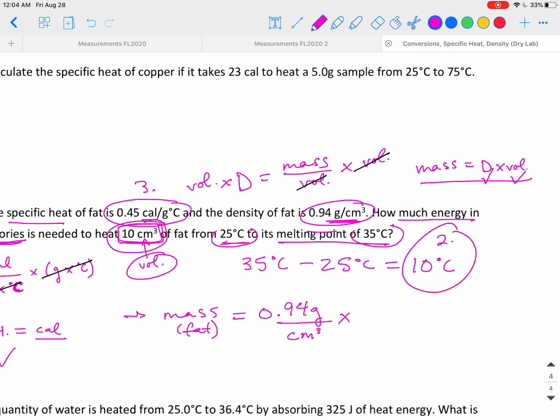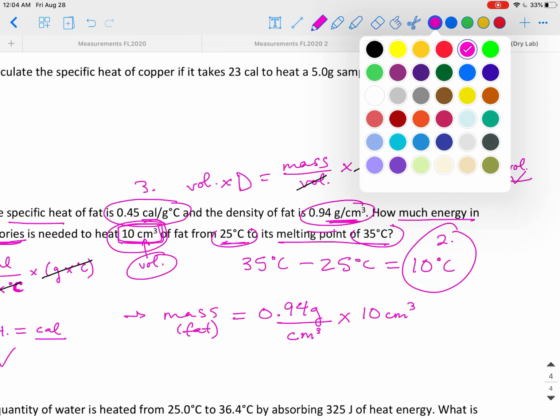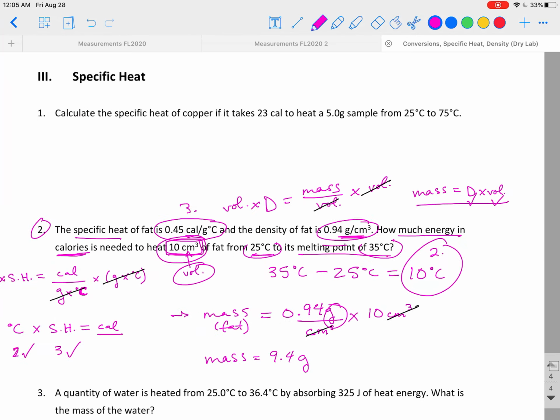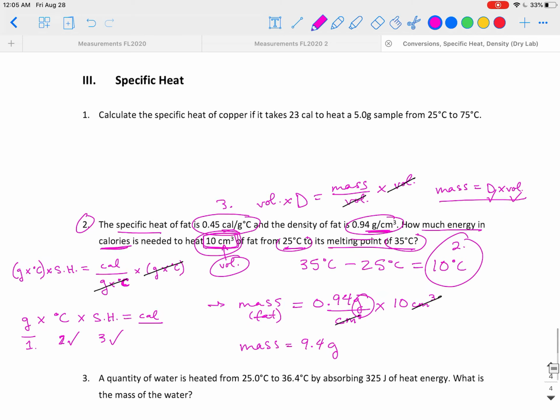So I'm going to multiply that by 10 cubic centimeters. Notice that we have cubic centimeters on bottom with the density and on top with the volume, and those cancel out. So now we just do 0.94 times 10, and we get a mass of 9.4. What are our units? The only ones that don't cancel, grams, which is the base unit for mass, so that makes sense. So now I have piece number one. I have all three pieces. So now I can solve for calories.